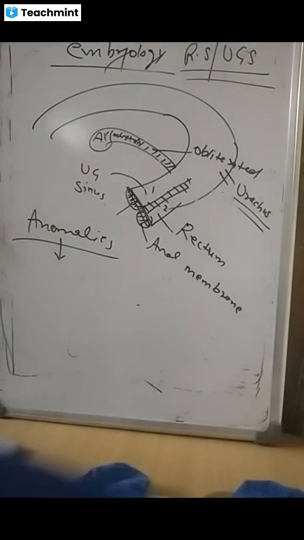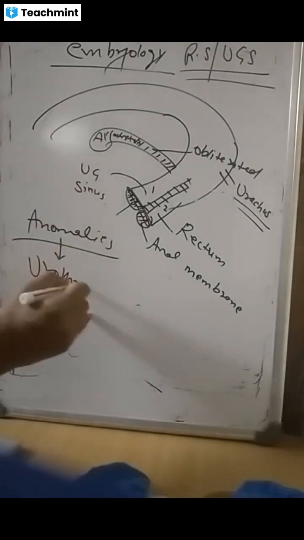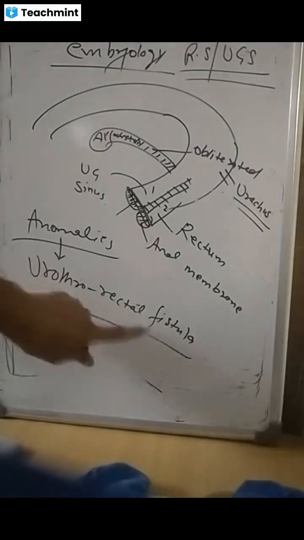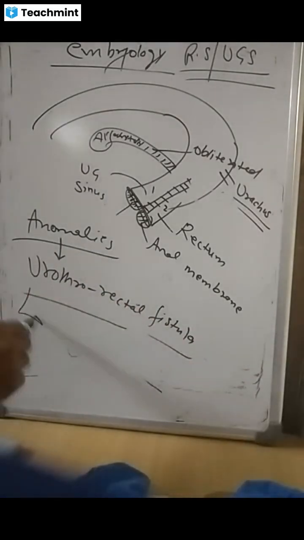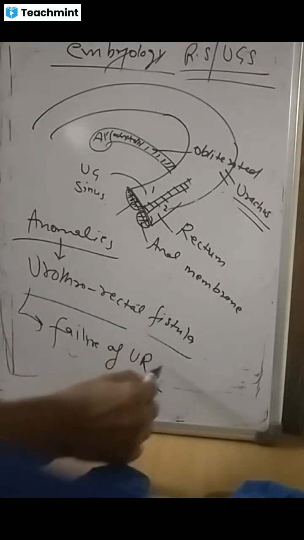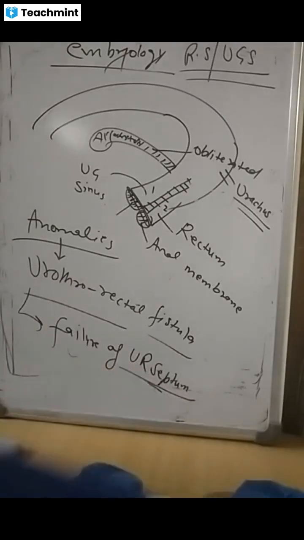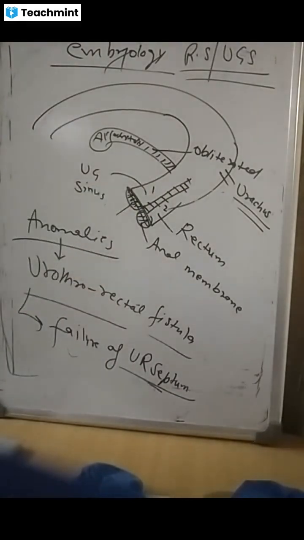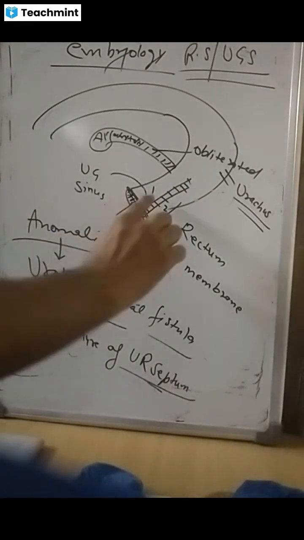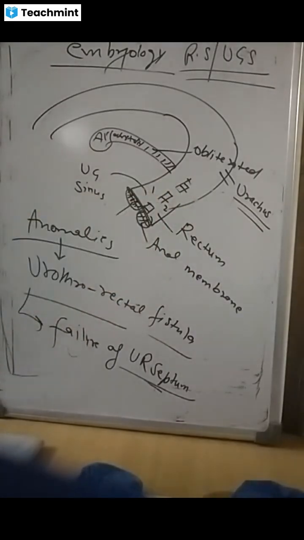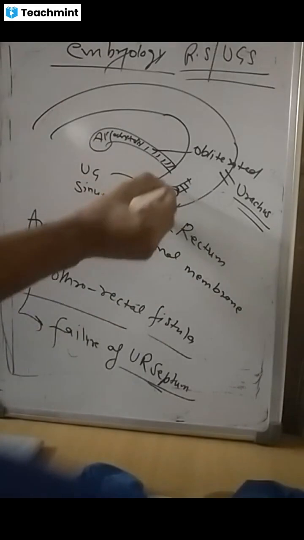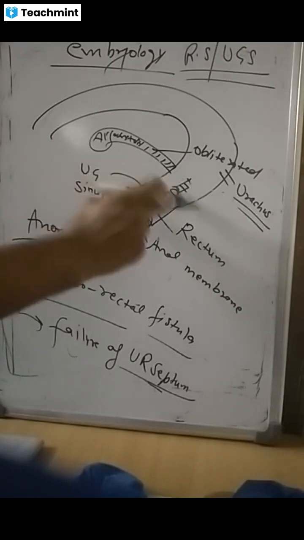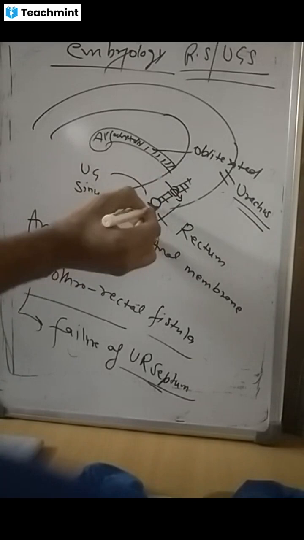It is known as urethrorectal fistula. Why this anomaly?